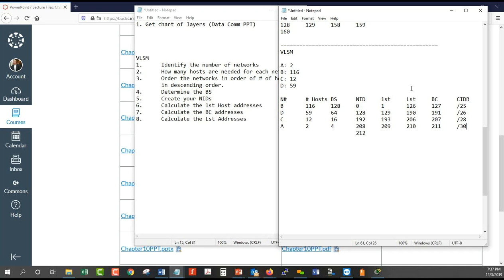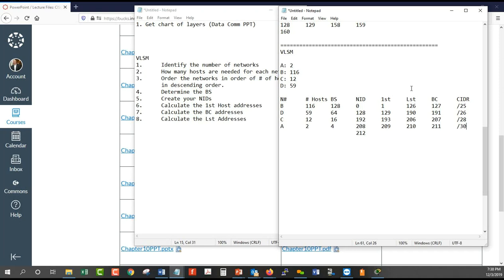Go ahead, Patrick. You have a question? Correct. And specifically, it pertains to version 4 addresses. IP version 4 addresses.